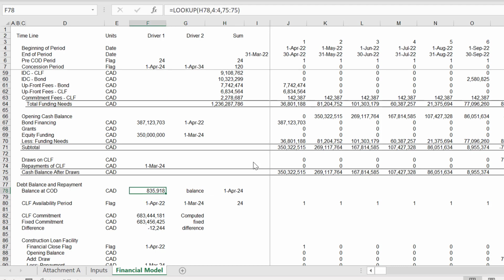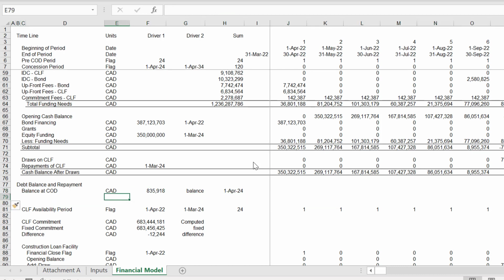We want to get this to be 0 by changing the bond amount. So I'm going to make the bond amount here and put that as COD.